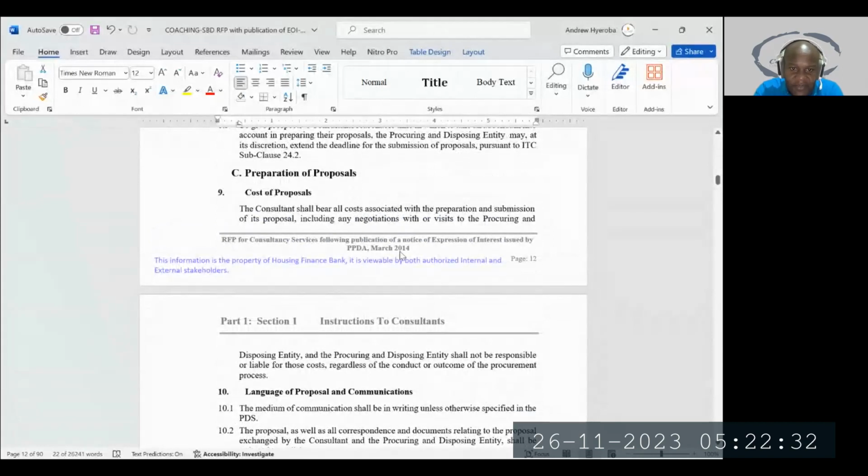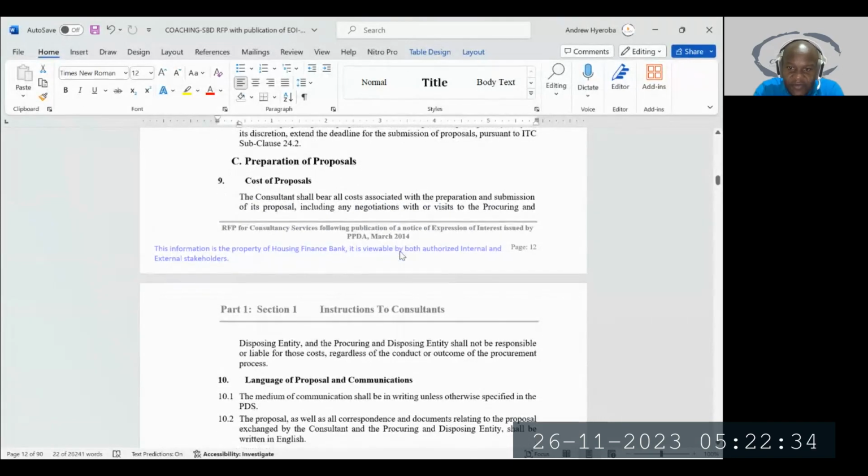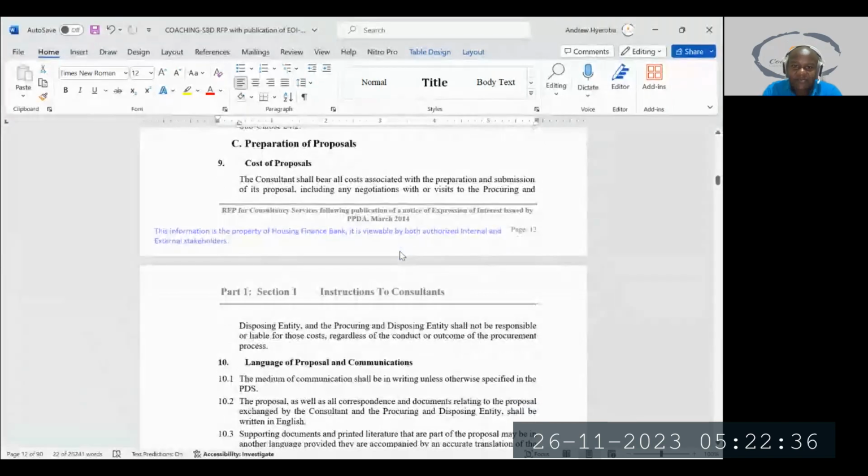request. Okay. The cost of proposals. The consultant shall bear all costs associated with the preparation and submission of its proposal, including any negotiations with or visits to the PDE. PDE in this case is Housing Finance Bank, and the Housing Finance Bank shall not be responsible or liable for these costs regardless of the conduct or outcome of the procurement process. What are these costs?